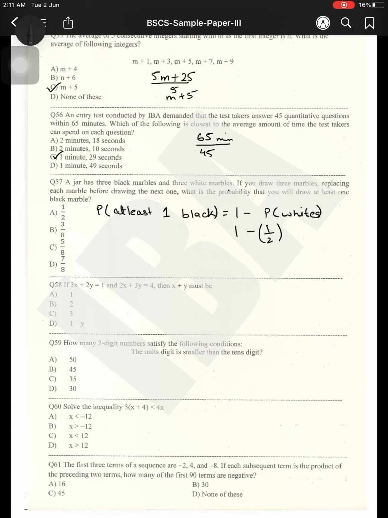So 1 minus half square should give you 1 minus 1 upon 8, which is 7 upon 8, so it's gonna be D.